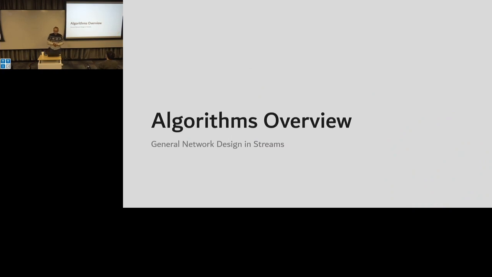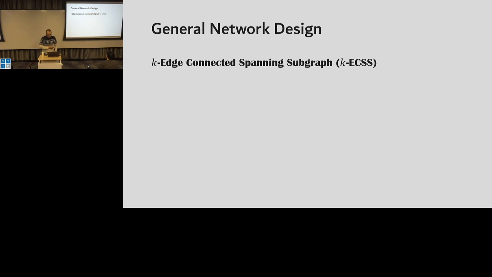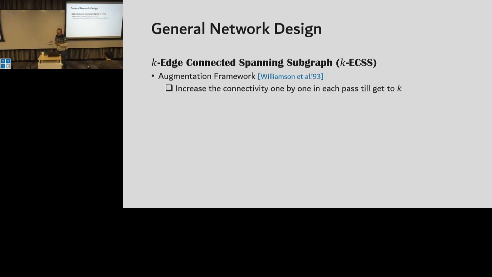So let's also describe a little bit what you can do for the general network design problem. For k-edge connected spanning subgraph, one observation is that once we have the algorithm for the connectivity augmentation problem, we can just use the augmentation framework from Williamson et al. This basically means that we try to increase the connectivity one by one in each pass until we get to k.